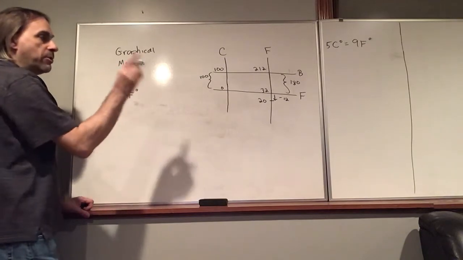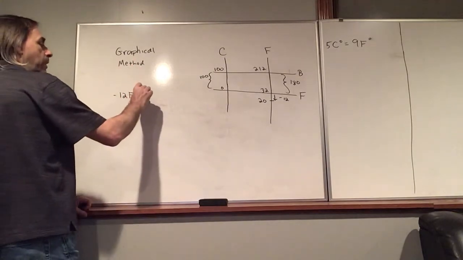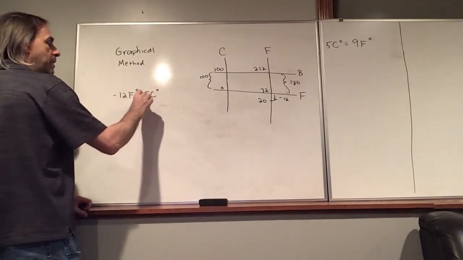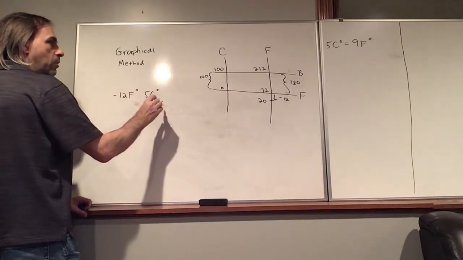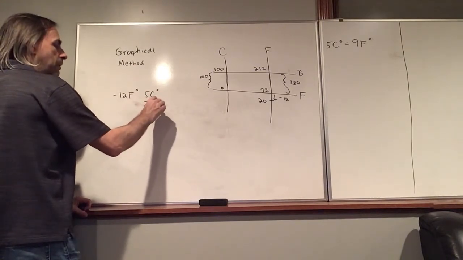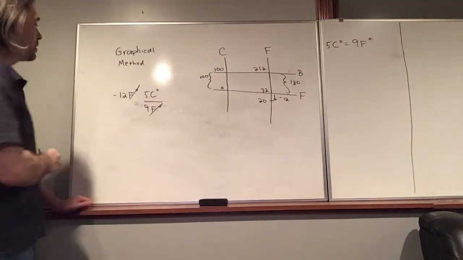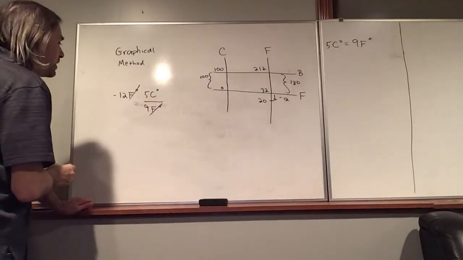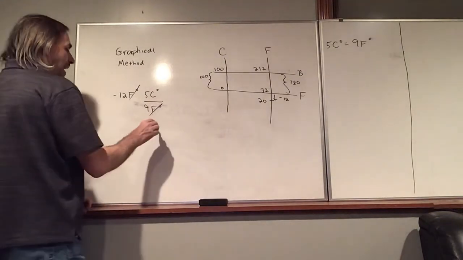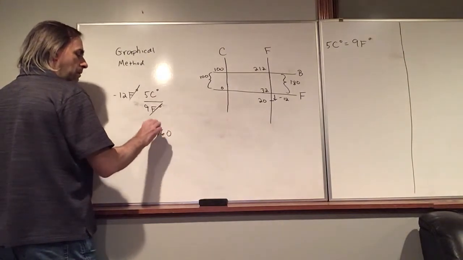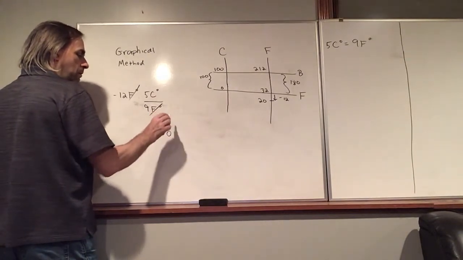And now if we use our conversion factor, we have 5 Celsius degrees over 9 Fahrenheit degrees. So let's see, 12 times 5 is 60, divided by 9.